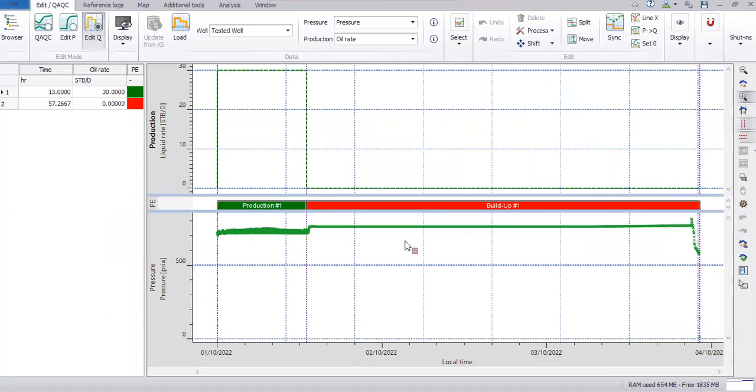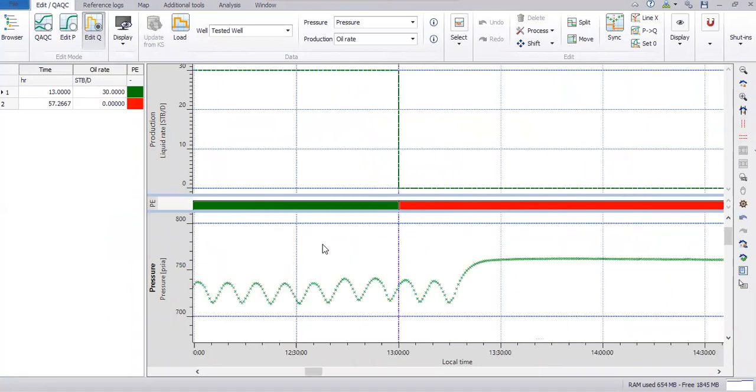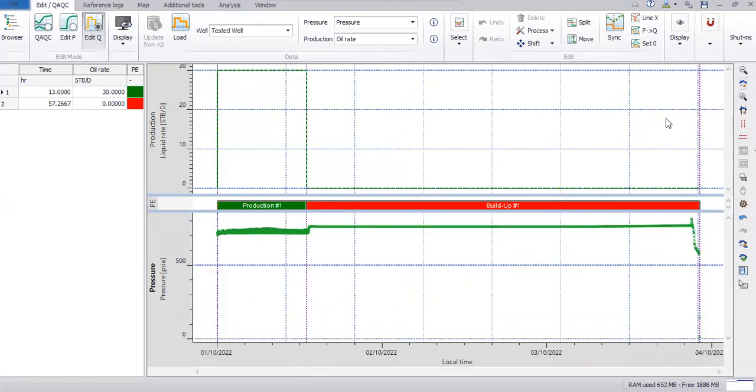Okay, and then let's maximize on that one. Oh, you see this cyclical ups and downs. I think it's a gauge issue. You actually will have this issue also due to, how do I call it?